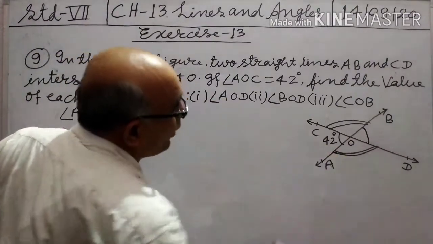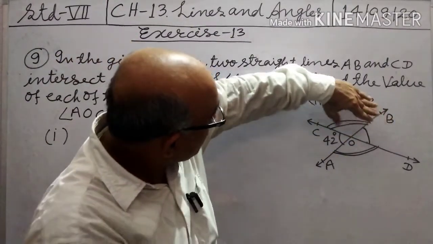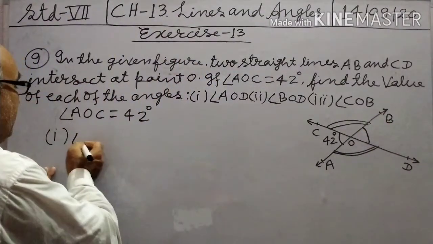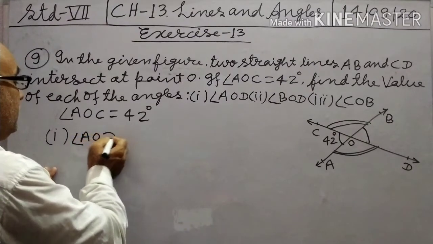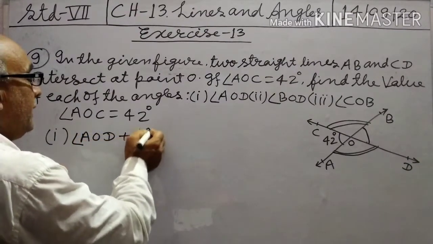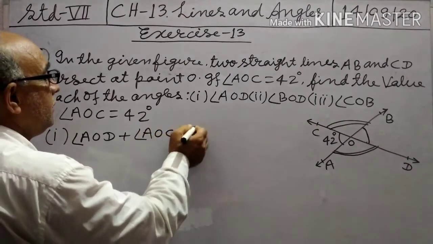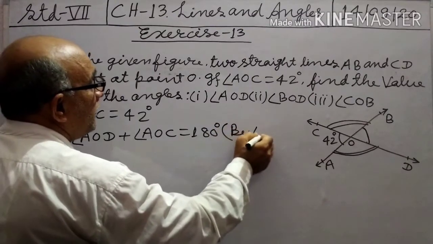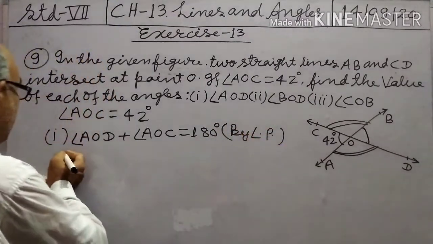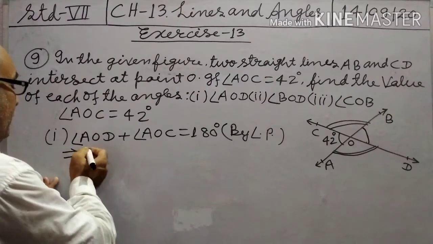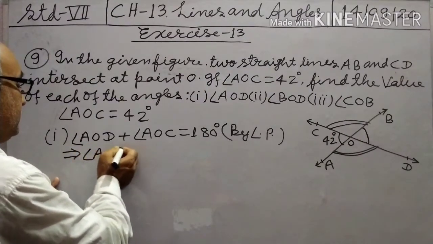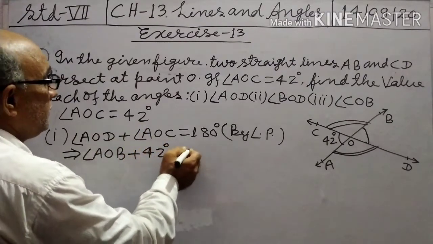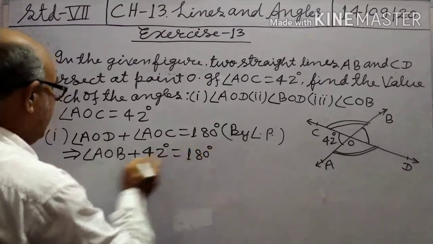Question number 1, we have to find the measurement of angle AOD. Angle AOD. Friends, cover it. So angle AOC and angle AOD form a linear pair. So angle AOD plus angle AOC equal to 180 degree by linear pair. Next step is angle AOD plus angle 42 degree equal to 180 degree.